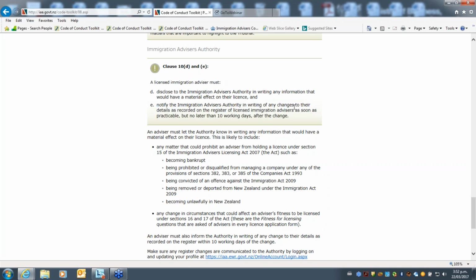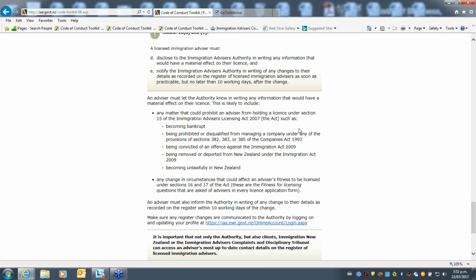And of course, you need to tell us about your change of details as recorded on the register within 10 working days after the change. So that includes addresses, and that's just a reminder there that you need to do that. It's also important to update us on your secondary business addresses. This is a reminder that you need to keep those current and up to date.